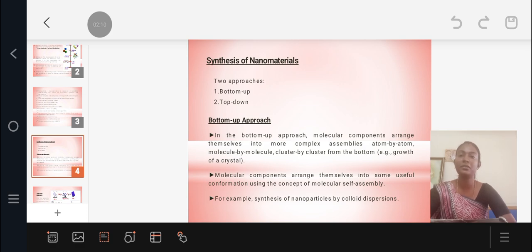For example, growth of crystals, where molecular components arrange themselves into some useful conformation using the concept of molecular self-assembly. Another example is synthesis of nanoparticles by the colloid dispersion method.